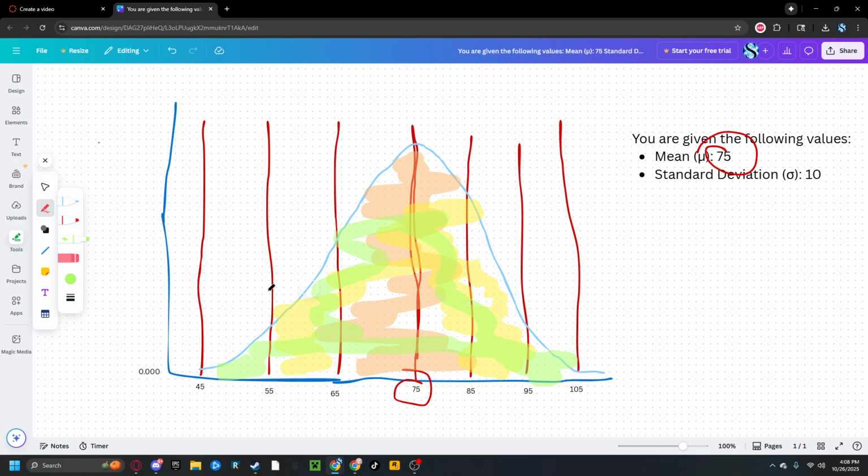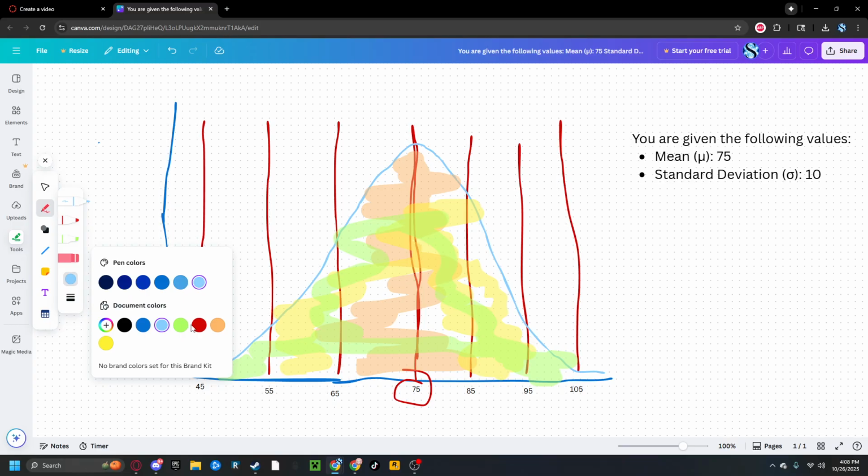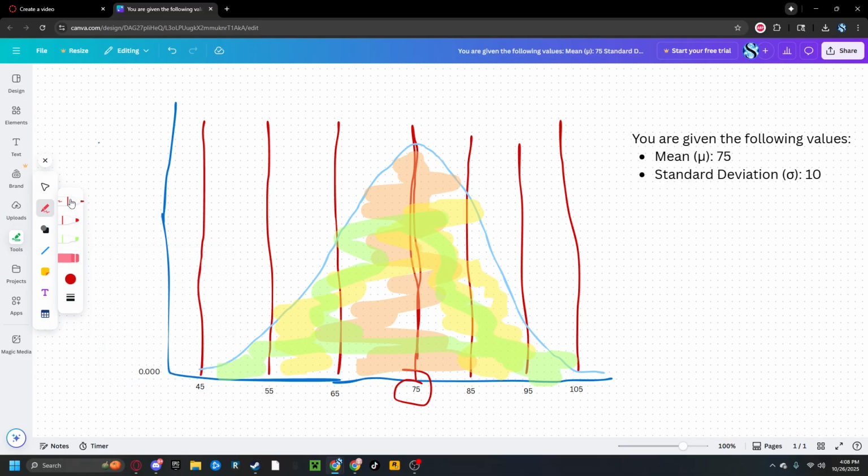Now let's think about something more realistic, something that we would actually find in real life, a relatable scenario. We're just going to keep these numbers because these are the numbers that we have. Might as well make it simple.